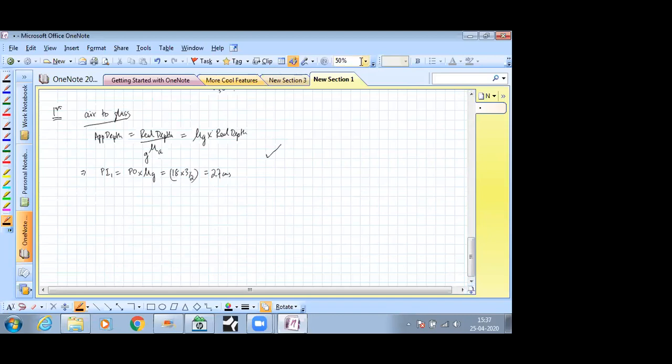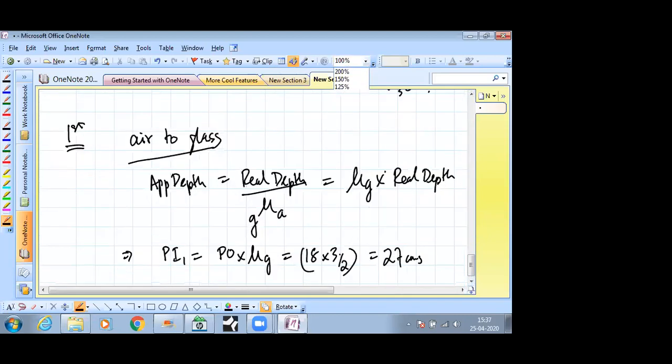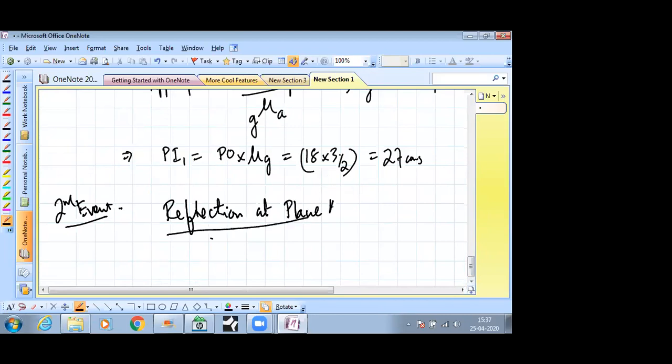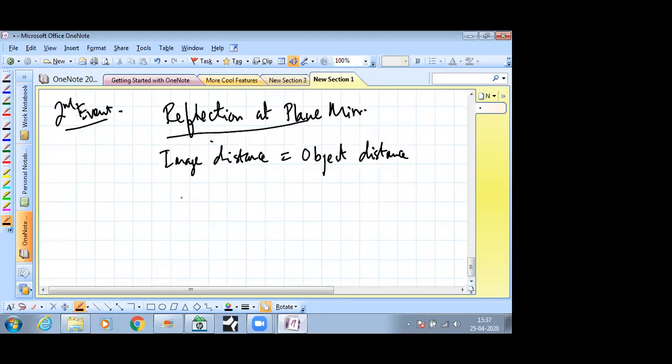Now let's come to the second event, which is very easy. The second event is a simple reflection at a plane mirror, so it will be very easy to solve. The image distance should be equal to the object distance. The mirror's pole was in fact the point Q and the image was I2.